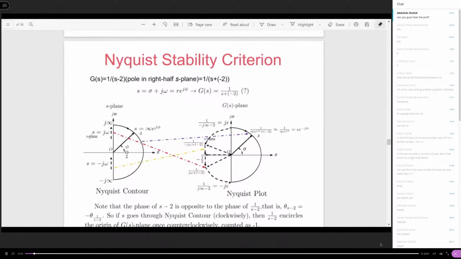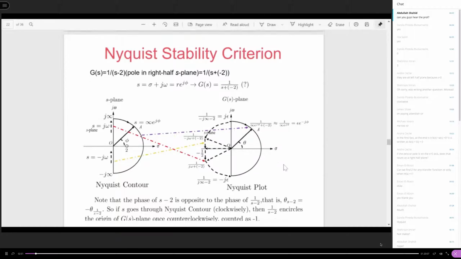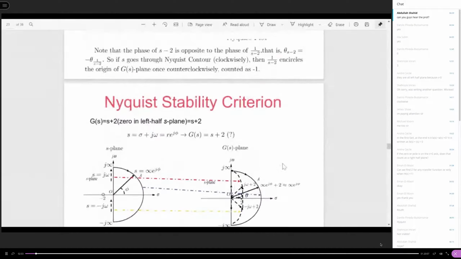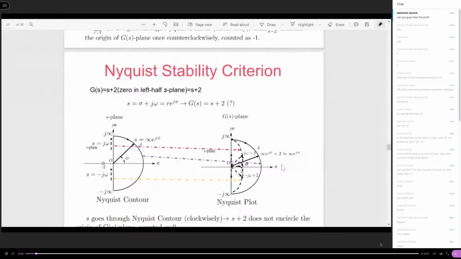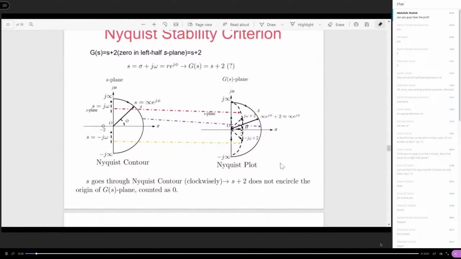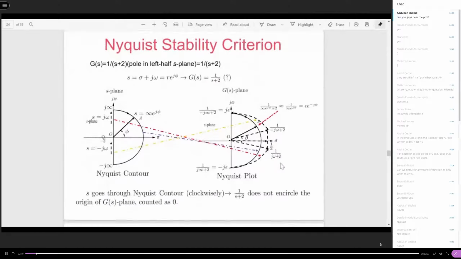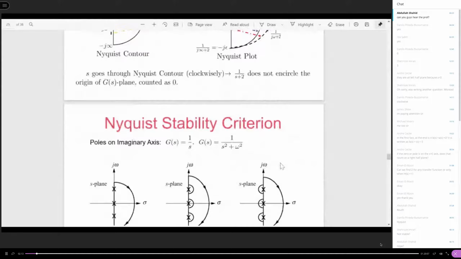If it is a zero, the contribution is positive 1, which represents encirclement along the clockwise direction. For a right half plane pole, the encirclement is counterclockwise, so the contribution is negative 1. This is what we talked about in the last lecture.